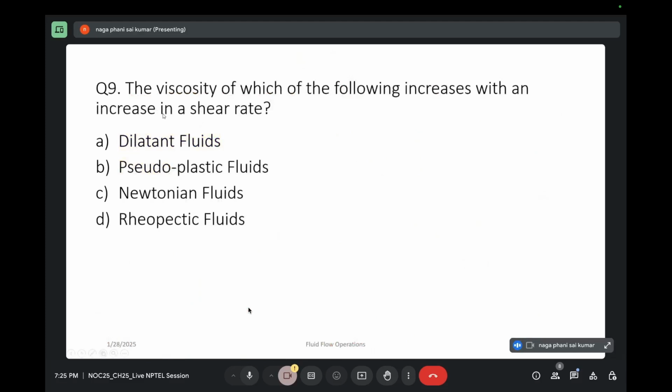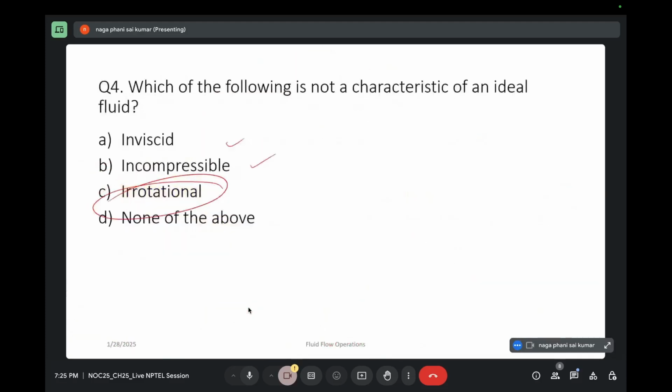Coming to the ninth question, everyone understood this, right? If you want, I can repeat it again. Understood, sir. Okay. Coming to the ninth question: the viscosity of which of the following increases with increasing shear rate? Again, we have to go back to the graph.